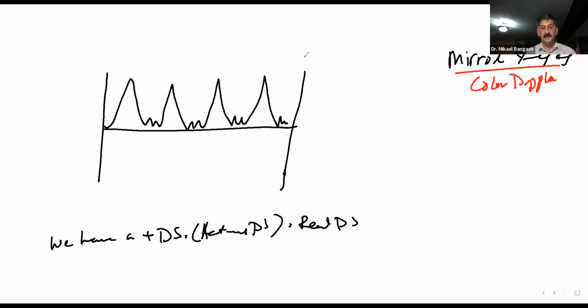But what we may see on a spectral Doppler, now they're going to use a different color. Don't say, Mike, why doesn't my crosstalk show up in a different color?